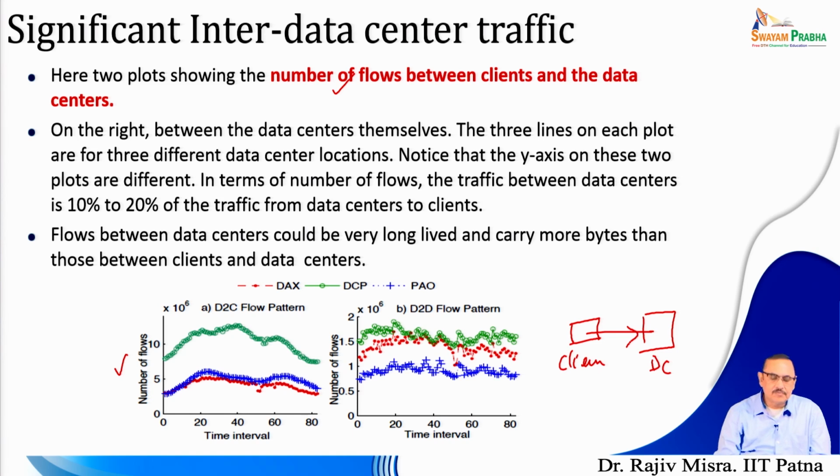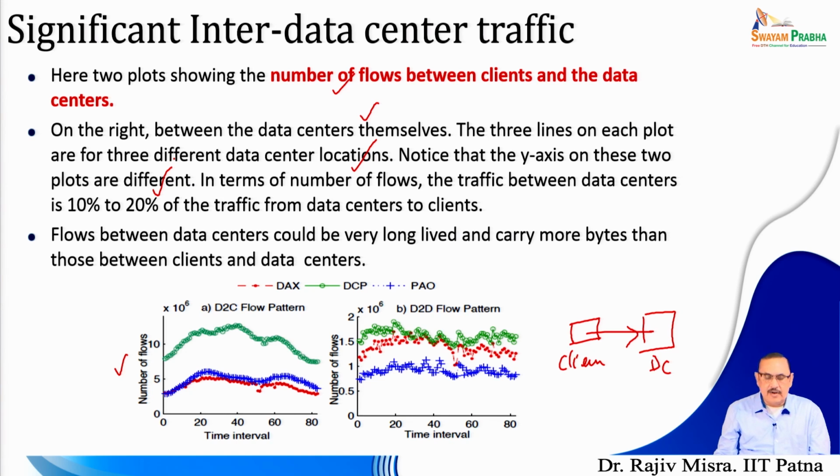On the right, between the data centers themselves, the 3 lines on each plot are of 3 different data center locations. Notice that the y axis on these 2 plots is different. In terms of number of flows, the traffic between the data centers is 10% to 20% of the traffic from data center to the client.